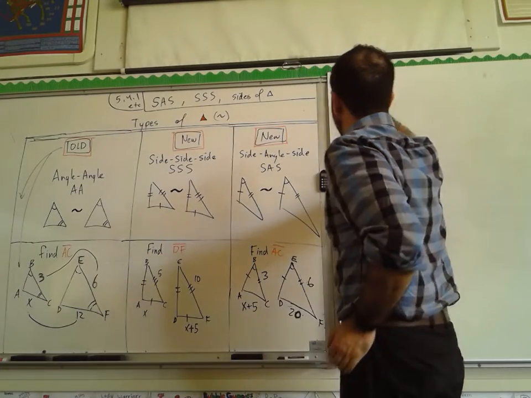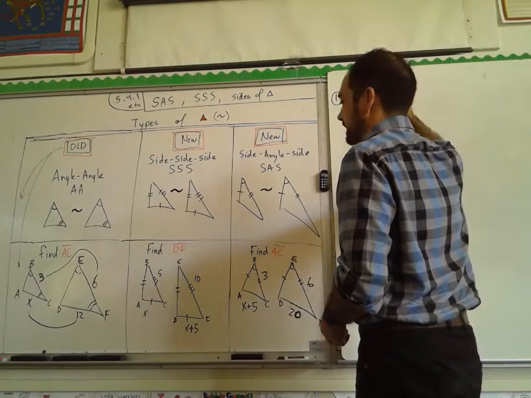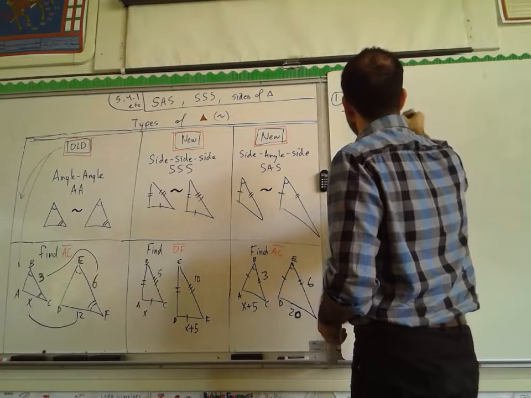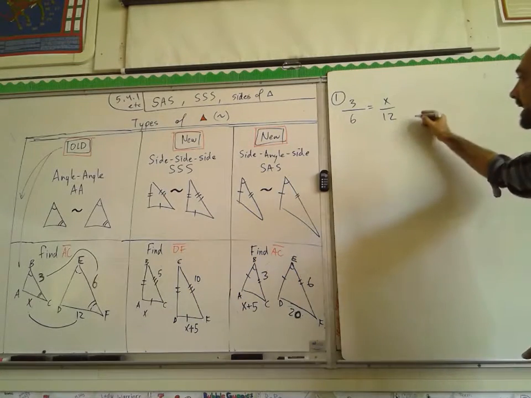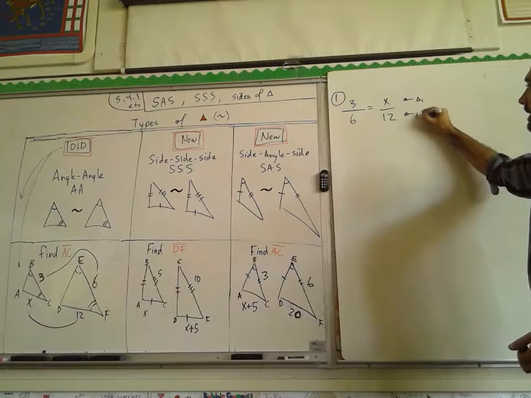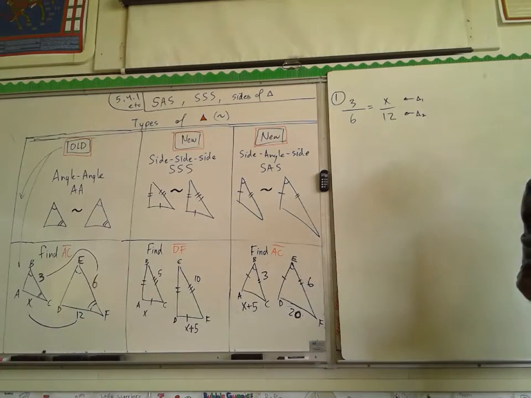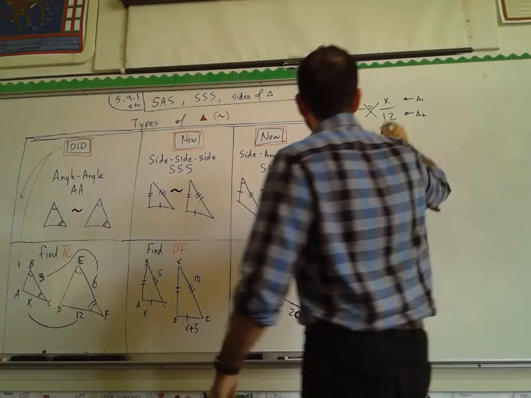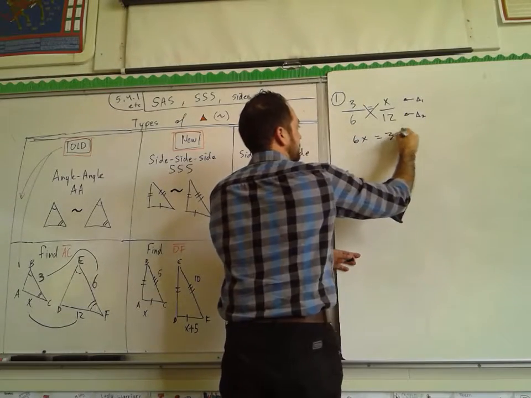We put the ratio of the corresponding sides. You just have to remember that everything on the bottom is from one of our triangles. Everything on the top and bottom are from just the different triangles there. That has to be organized in that way. Next, cross multiply. 6x is 36, x is 6.